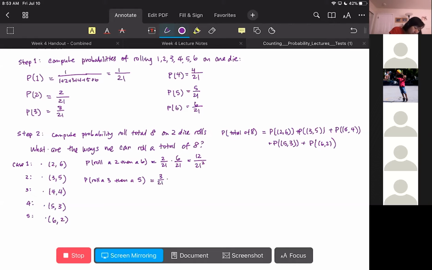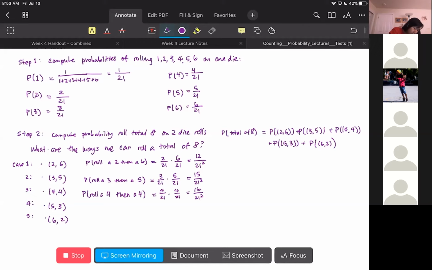Yep, that's 3 out of 21 times 5 over 21, so that's 15 over 21 squared. And then what's the probability we roll a 4, then another 4? 4 over 21, all squared. So it's 16 over 21 squared.